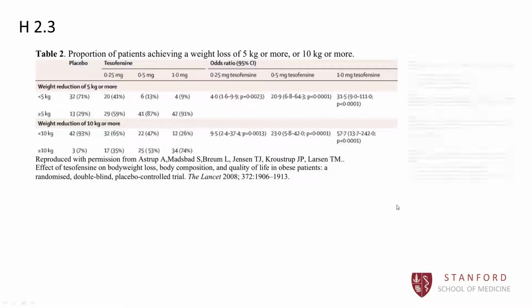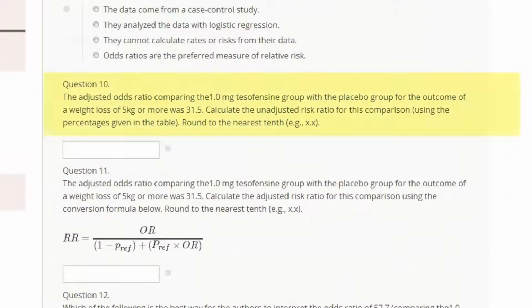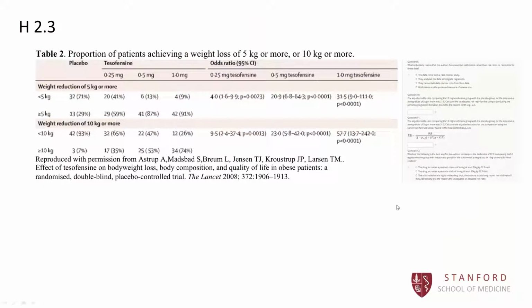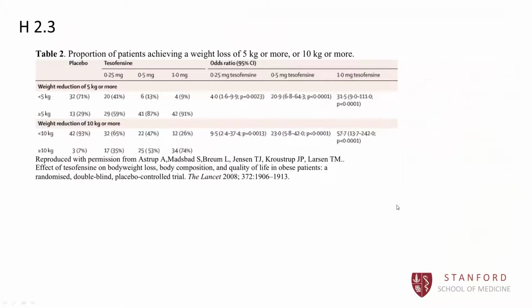The next part of the question is asking us to calculate the unadjusted risk ratio for the comparison of the 5 kilogram weight loss group. We're specifically looking at the 1 milligram dosage of this drug. So the numbers of interest to us are this number and this number.